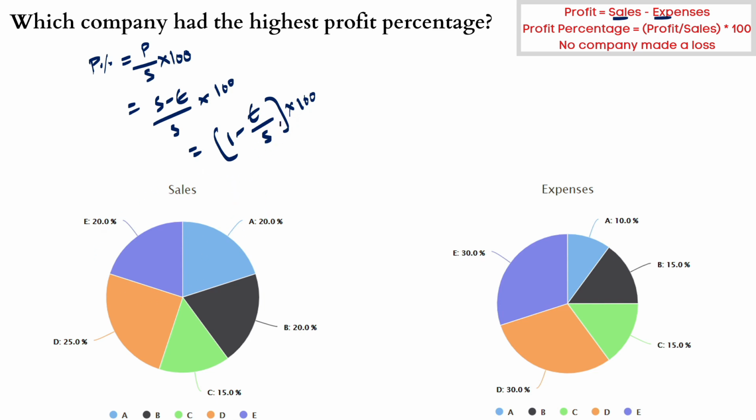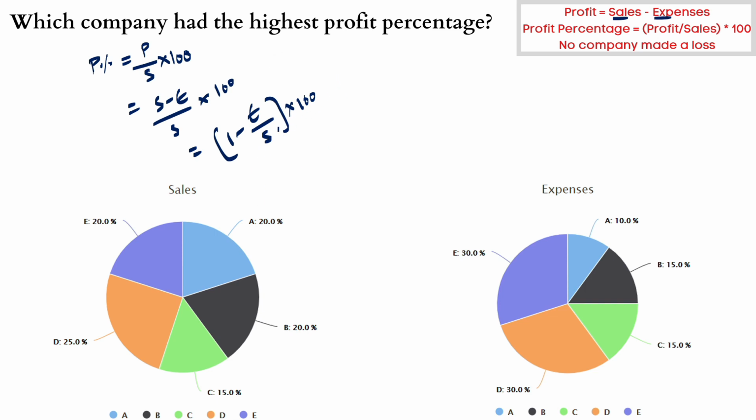So we can take E by S for all the companies, but one thing is that we have to minimize the value of E by S. So for the company which has the least E by S value, we can say that company has the highest profit percentage, because E by S is negative here, 1 minus E by S. So E by S value must be least for the highest profit company, right? So we must minimize the E by S value.